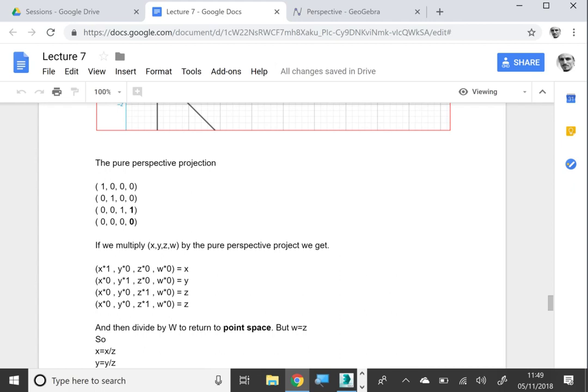What spews out the other end is X, Y, Z, Z. So W gets replaced by the Z. And we know this is the case because this is X, X times 1 gives us X. This is Y, Y times 1 gives us Y. This is Z, Z times 1 gives us Z. And then Z times 1 again gives us another Z. And of course, the last row does nothing because it's all zeros.